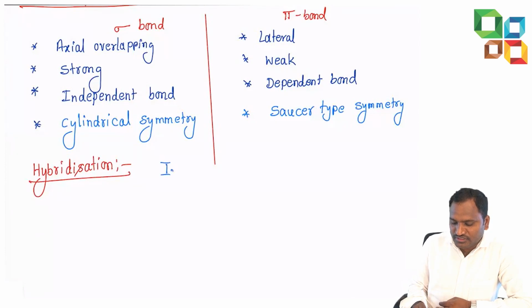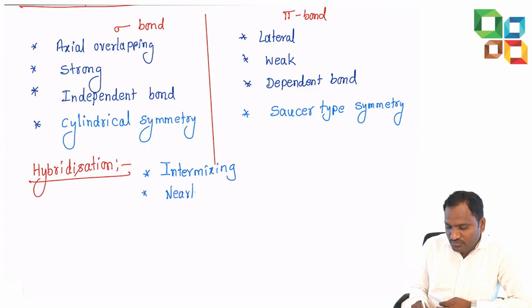First condition is intermixing. Second condition is atomic orbitals must have nearly same energy. Energy difference shouldn't be more.